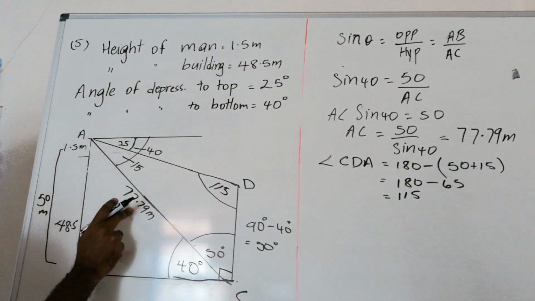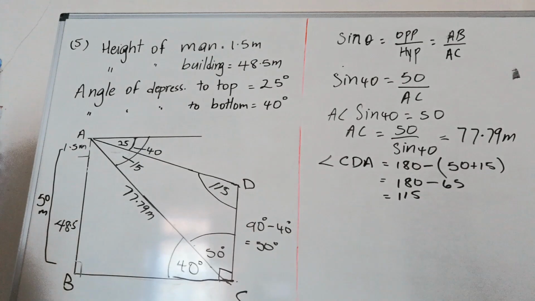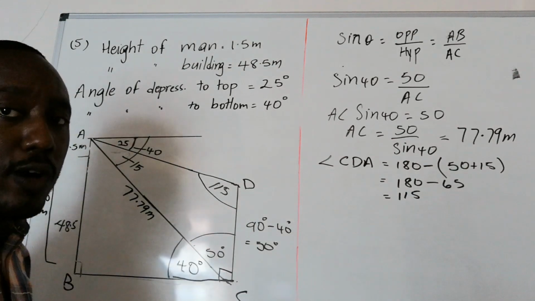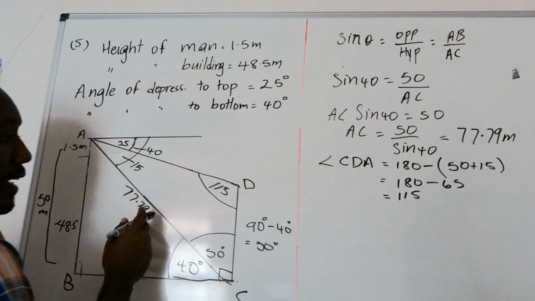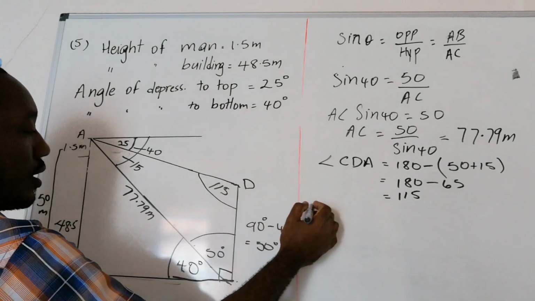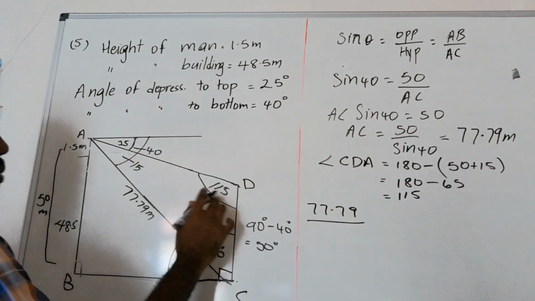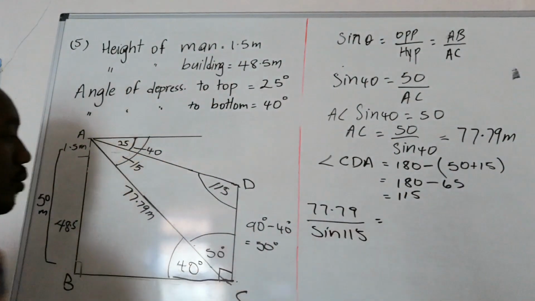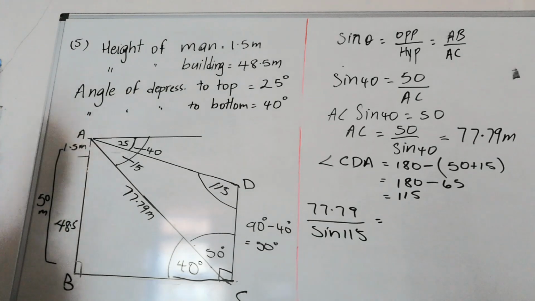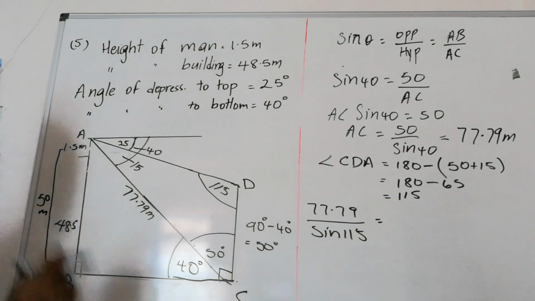So we have a side and the angle opposite. We have an angle and we need to know the side opposite. So that gives us our sine rule. The sine rule here would be the given side, 77.79, over the angle opposite, sine 115, is equal to the side we need and the angle opposite that side.